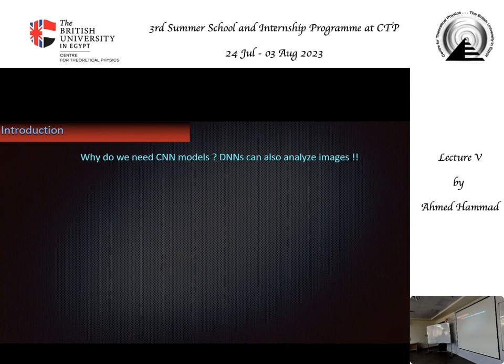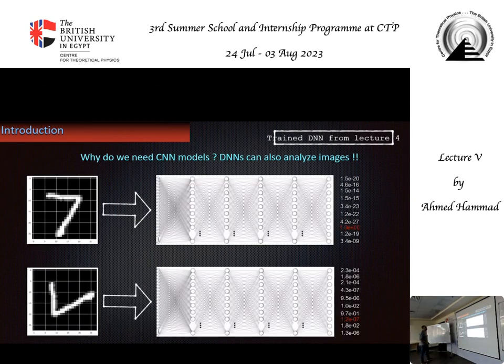A DNN, or fully connected deep neural network, can in principle analyze images, right? And we saw that in the previous slides. So why do we need a convolutional neural network? Well, when you give this image to the neural network, this is the probability of classifying the input as a 0 image, 1, 2, 3, 4, 5, 6, 7.